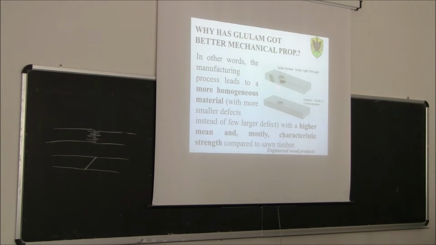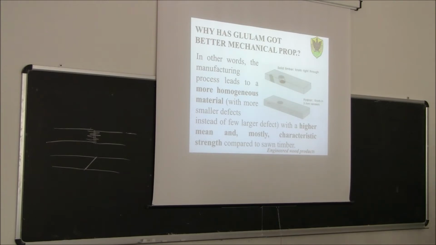So what was originally a knot going through becomes, you see, in one slice you have the knot here, which is now only as thick as the thickness of the piece. So before it was, let's say, a 30 millimeter large knot. Now if I slice into 10 pieces, I have a 3 millimeter knot here, then a 3 millimeter knot here, then another 3 millimeter knot here, and so on.